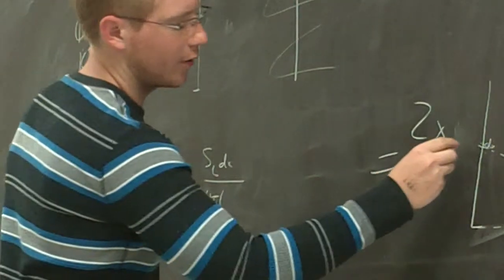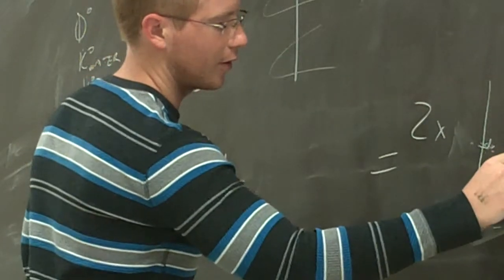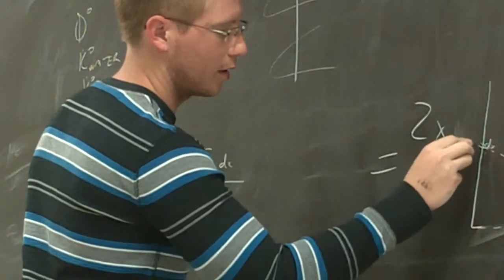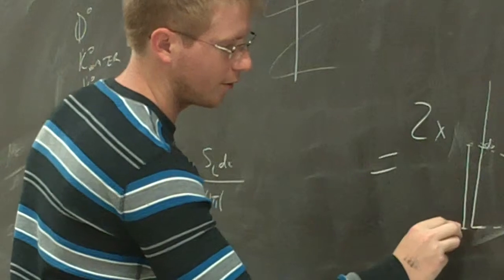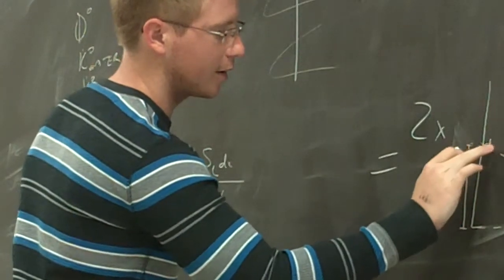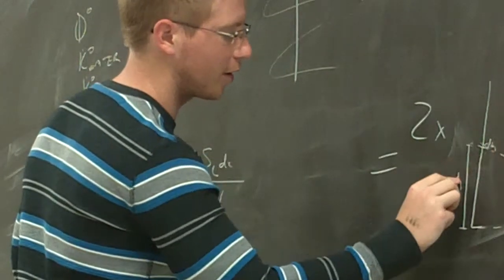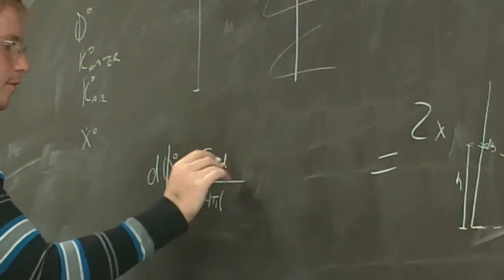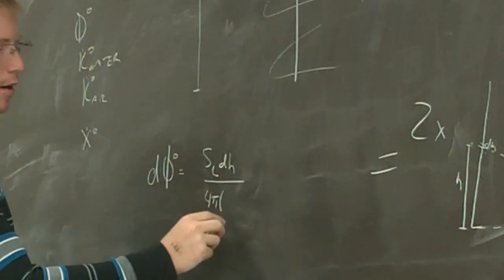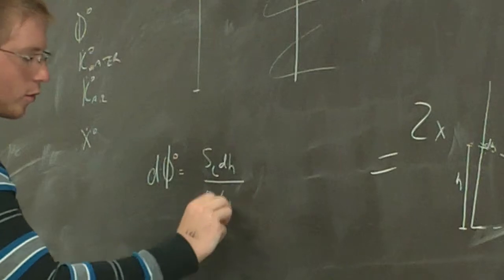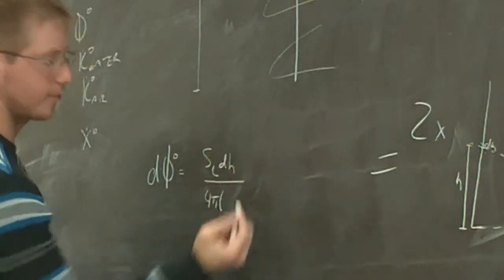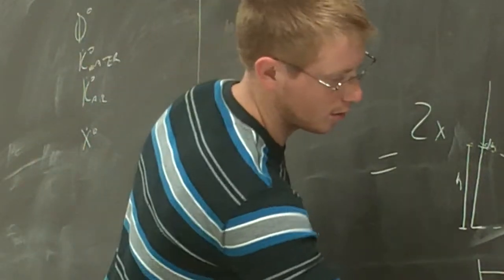So let's say that this is big R. I'm going to say that this is our variable height. I'm going to call this dh instead. Sorry. And it's going to be 1 meter length.